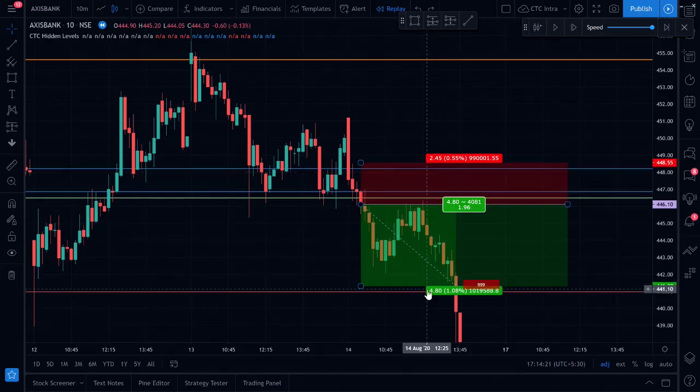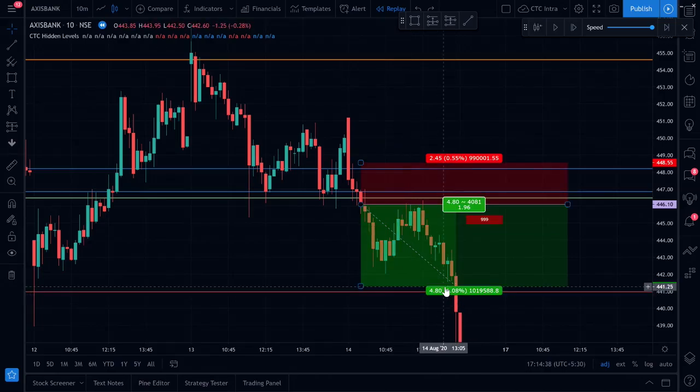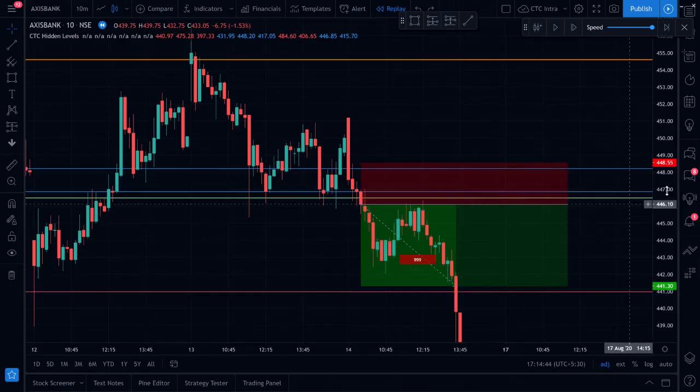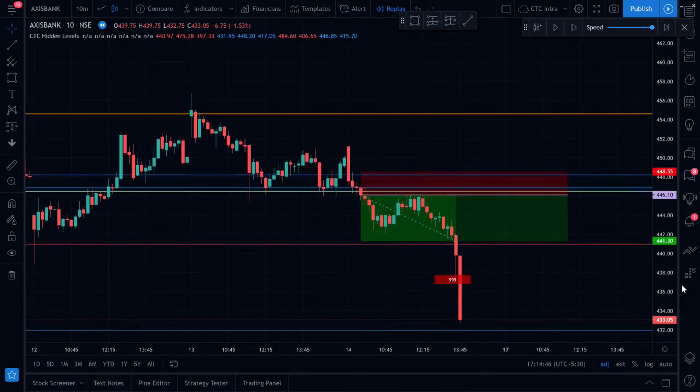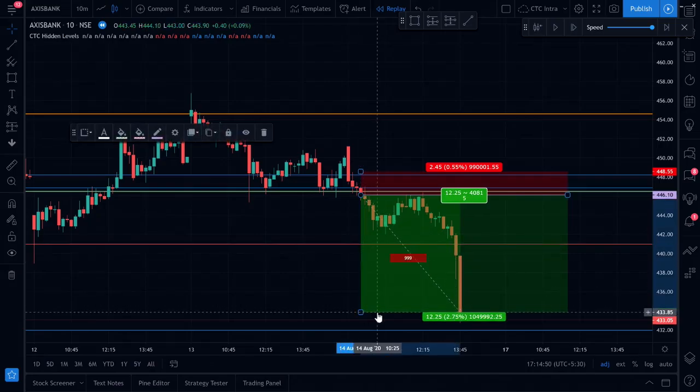So when the price hits 4.9, you trail your stop loss to 1R. In this case, it does not apply because the target was less than 2R. The target was 1.96R. So in this case, it will not apply. But if let's say that my target was this, let us assume just for the sake that this was my target 5R.